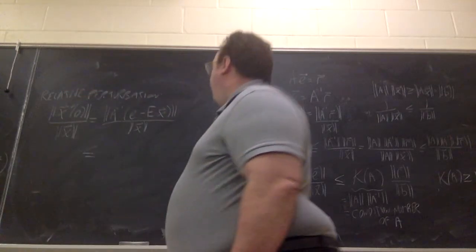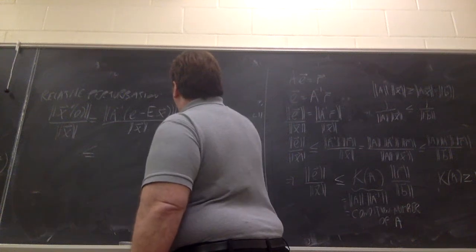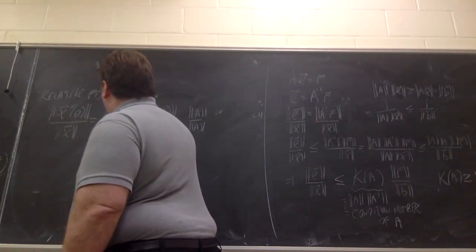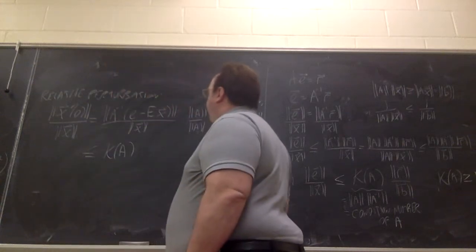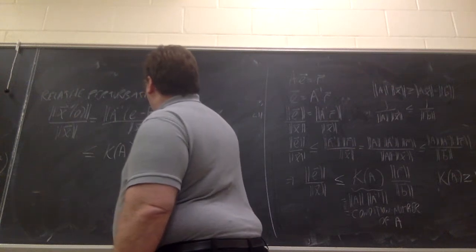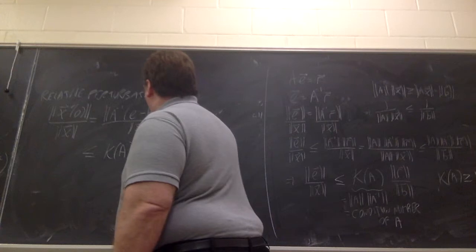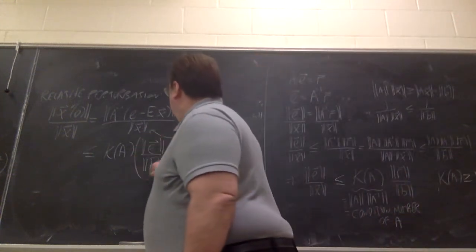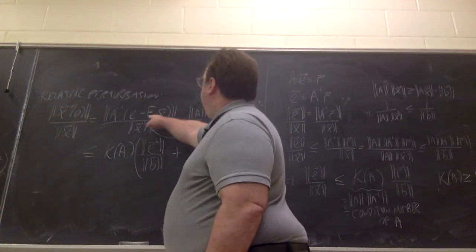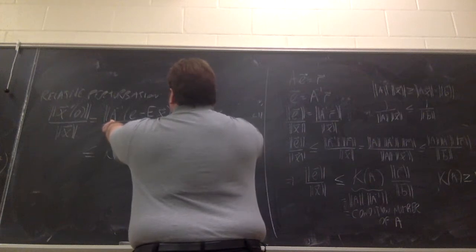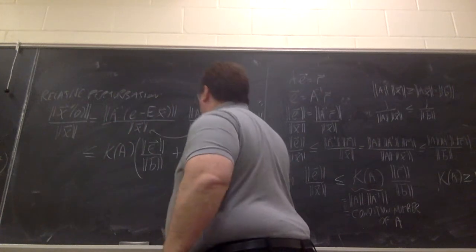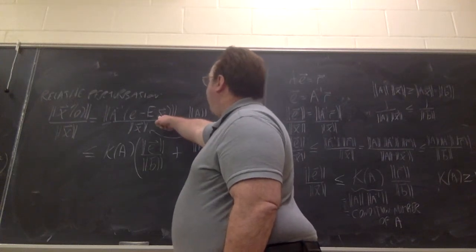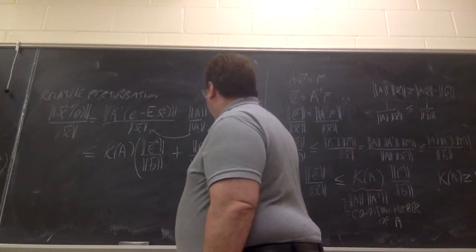And using the various properties of norms and multiplying and dividing by the norm of A like I did before, that would be less than or equal to the condition number times the norm of e over the norm of b, by lumping this in like I did before, plus here I have the norm of A inverse times the norm of A as the condition number times the norm of capital E. Then this norm of x would cancel with the norm of x down here, and I'm left with the norm of A.